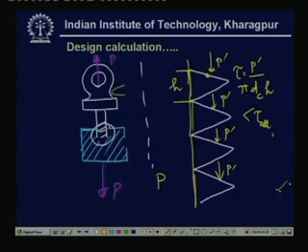These are the major stresses experienced by a thread in a bolt. So there are tensile stress as well as compressive stress, and again the shear stress.